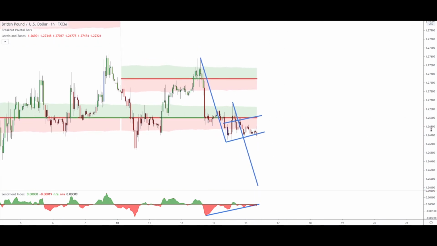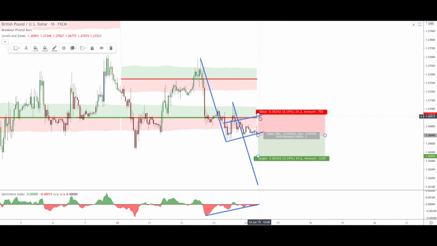So we end up about at this level down here. So our trade looks like this. Our entry price is approximately at this level here, and then our target is going to be down here.